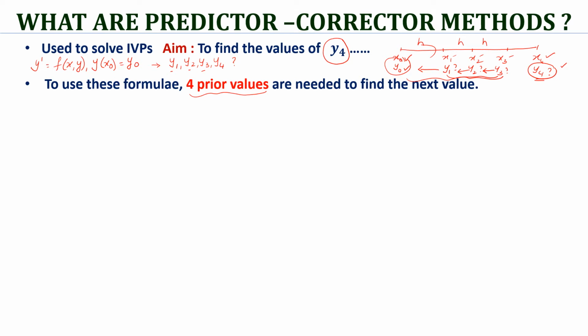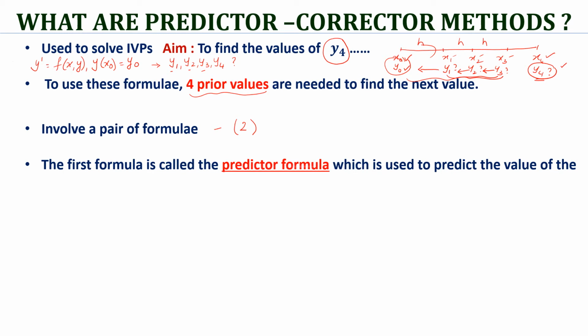Now since I am calling it the predictor corrector method, it is understood that each method involves a pair of formulae. That means there are 2 formulae that we have here, and one will be called the predictor formula, the other will be called the corrector formula. Now let's see what each formula does. The first formula is called the predictor formula, which is used to predict.